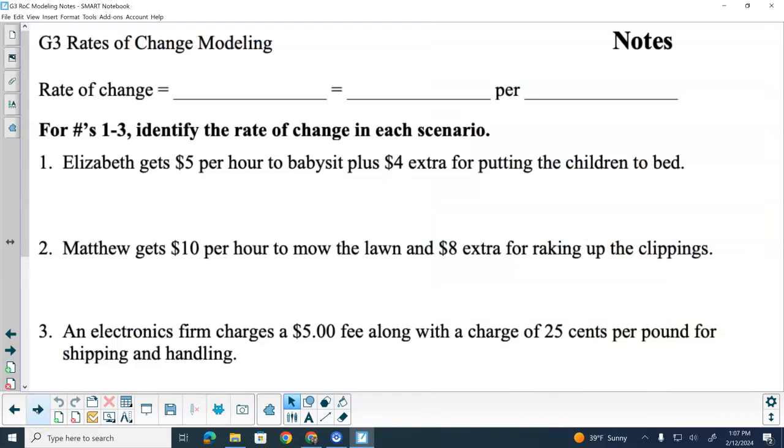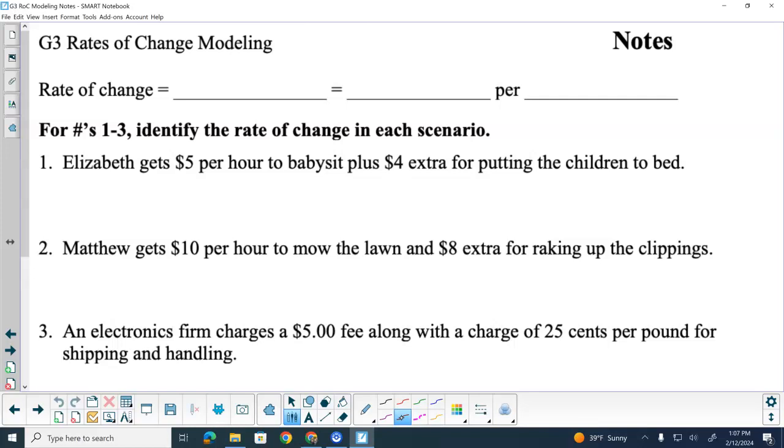So let's talk rate of change from last week. What is another way of saying rate of change from last week? How do we find the rate of change?